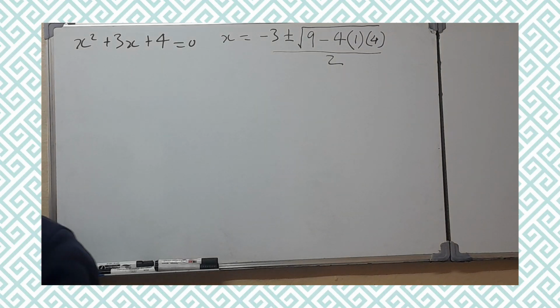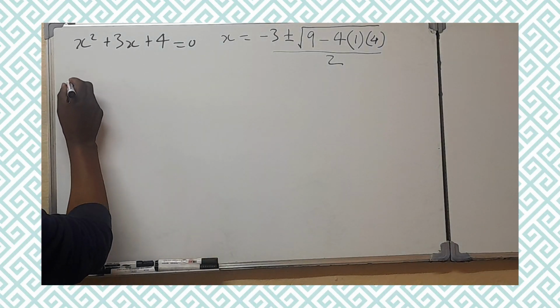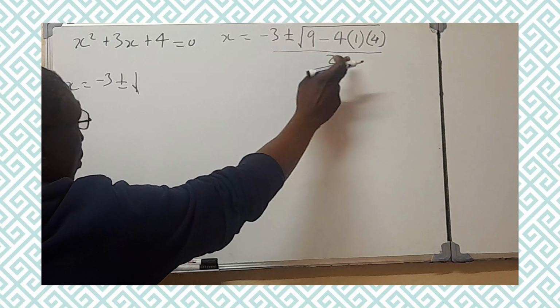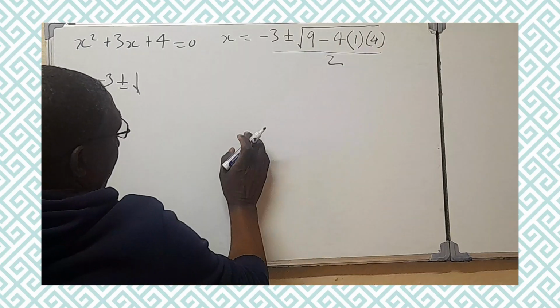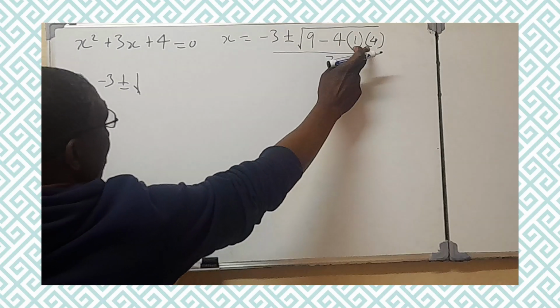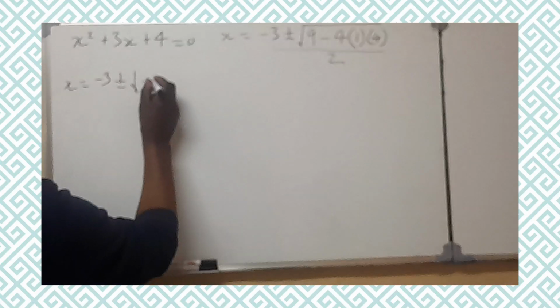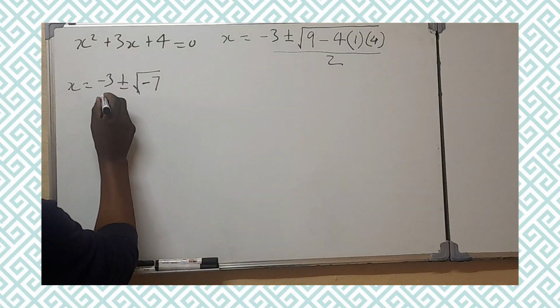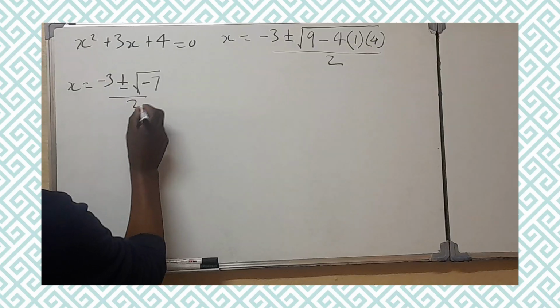So let's simplify that. This gives us x is equal to minus 3 plus or minus the square root of 9 minus 4 times 4, which is 16. 9 minus 16 is minus 7. So it's the square root of minus 7, of course, divided by 2.